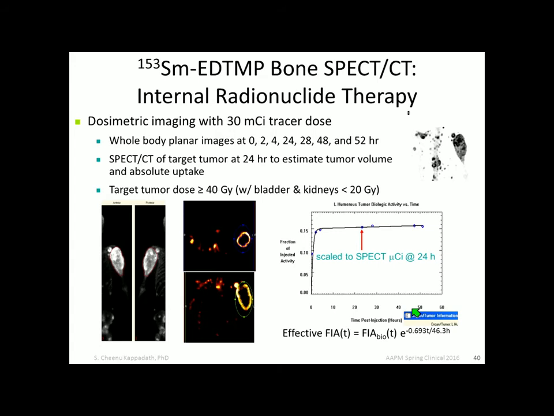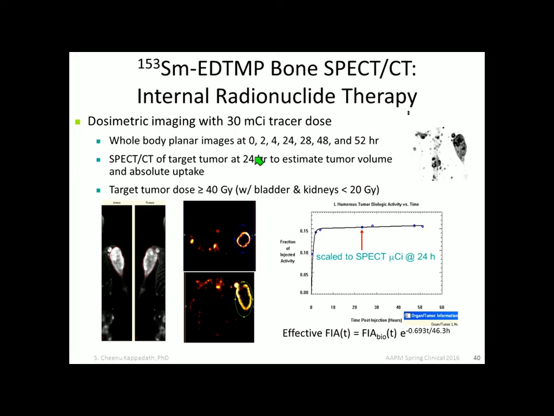Another area that SPECT CT is used for is targeted radionuclide dosimetry, so patient-specific dosimetry. Here's an example I'm going to show you where we do samarium EDTMP for bone metastatic disease. In this case, we do what is called 2.5D dosimetry. We do whole body planar imaging, so it is 2D dosimetry, at various time points, and then we do SPECT CT at a single time point.